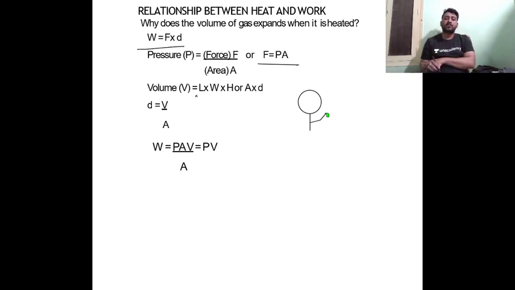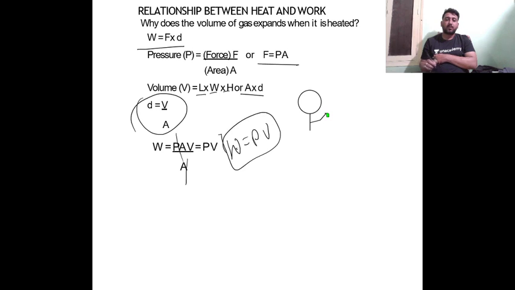Volume equals length into width into height, or area into D. So D equals V by A. So instead of F, I can write P into A, and instead of D we can write V by A. A goes off. So the work is nothing but pressure into volume.